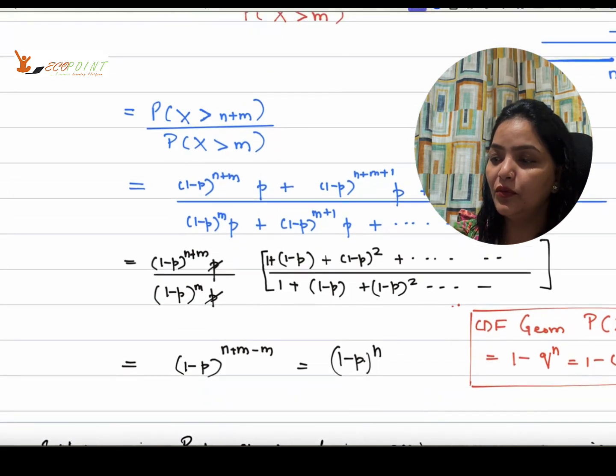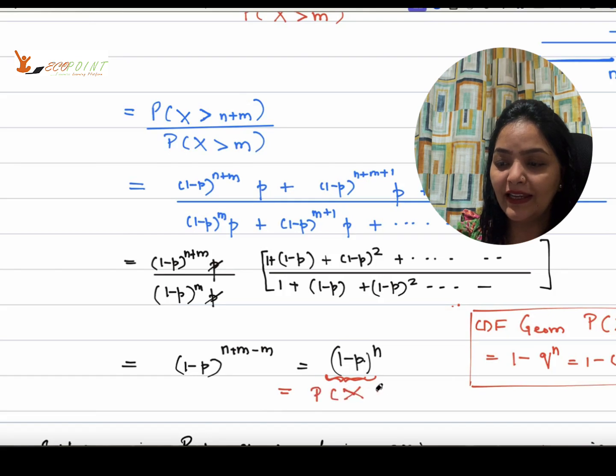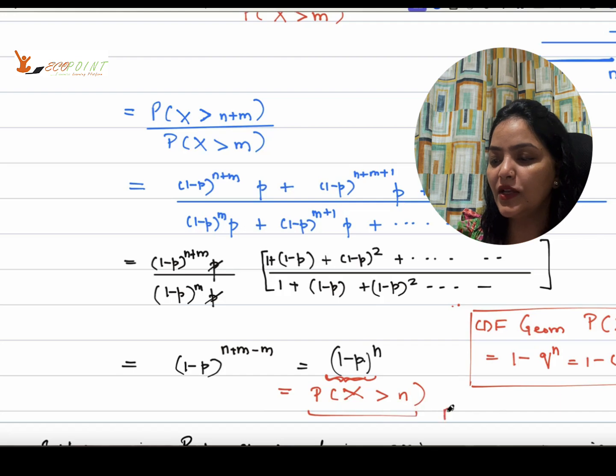Now, if you observe, if probability x is less than or equal to n is 1 minus this expression, that means this expression is probability x is greater than n. And that's what was our RHS.